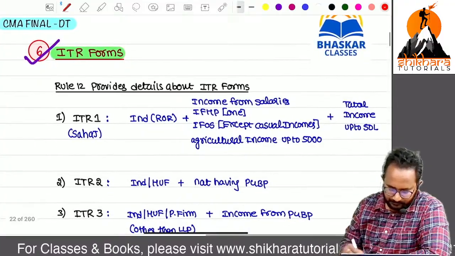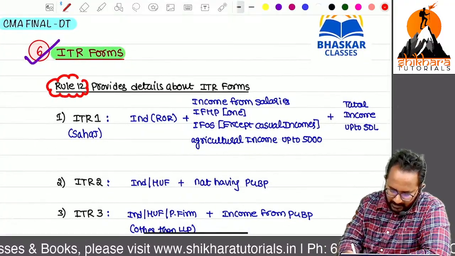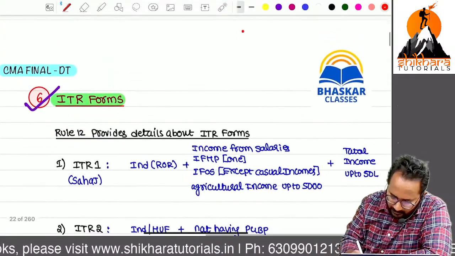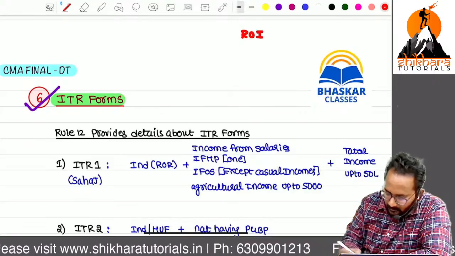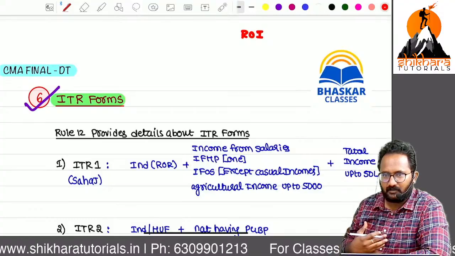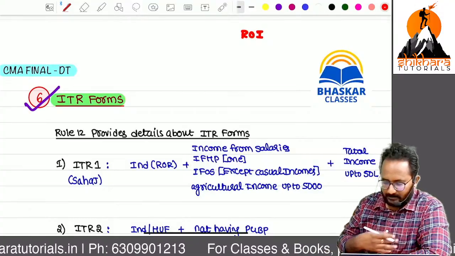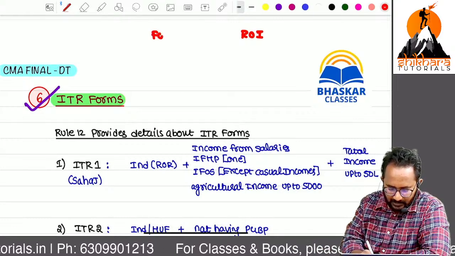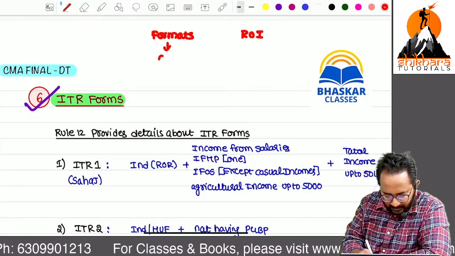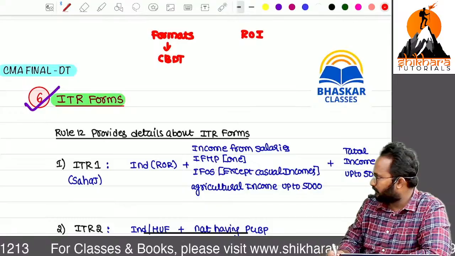But remember, ITR forms. What do you mean by ITR forms? How can we file the return of income? Can I file my return of income using my own formats? No. The prescribed formats are there. Who prescribed these formats?